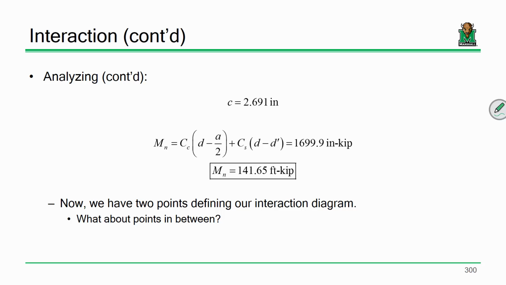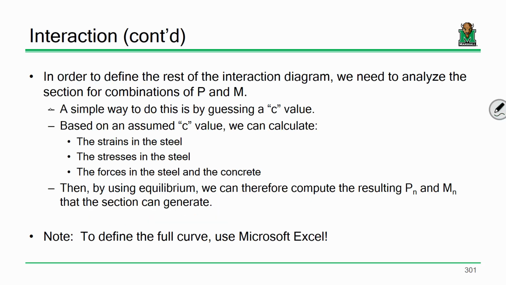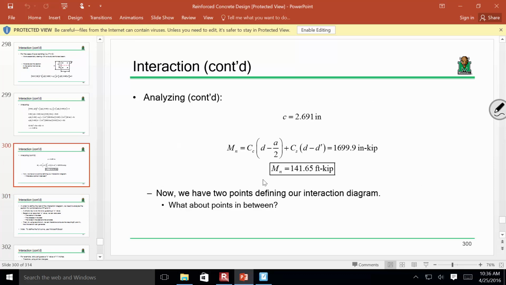In other words, if I draw an interaction diagram that looks something like this, and I say P on this axis, M on this axis, I've got 2 points.